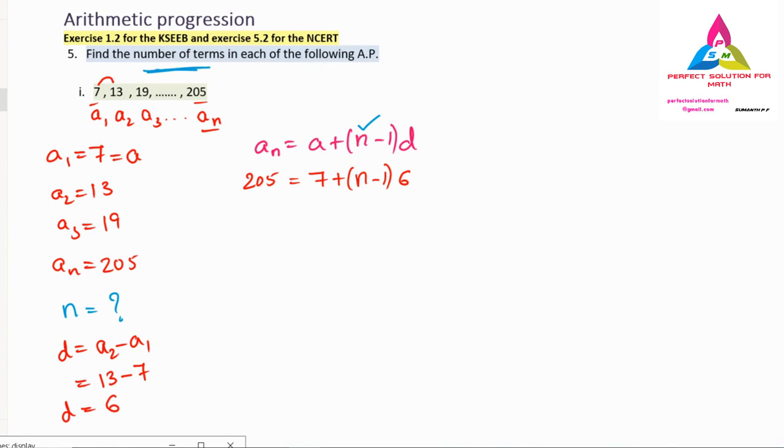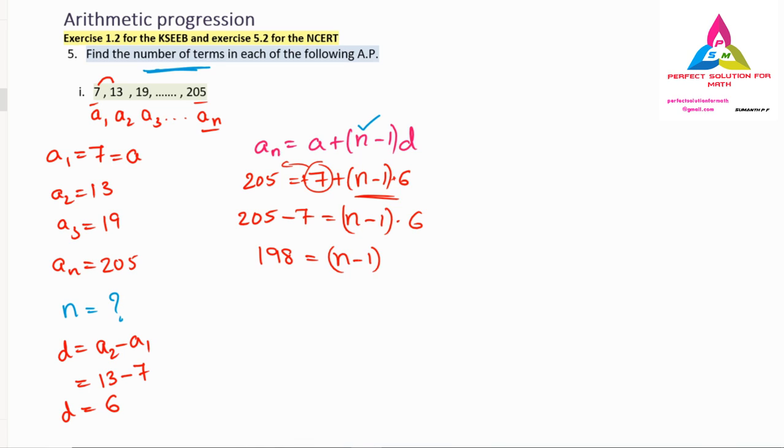We continue: 205 equals 7 plus n minus 1 into 6. We can't shift the bracket directly because we have multiplication, so we shift 7 to the other side first. Plus 7 becomes minus 7, so 205 minus 7 equals n minus 1 in brackets into 6. 205 minus 7 is 198, so 198 equals n minus 1 into 6.